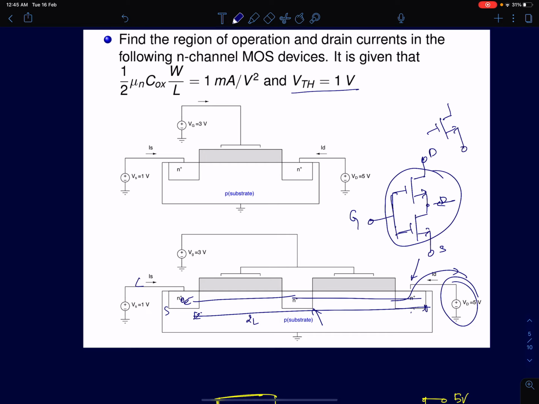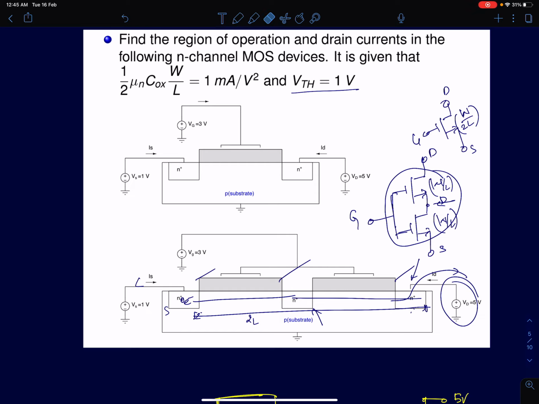The width is the same, determined in the third dimension, but the length is now 2L. So I can treat this as a device of the same width but length 2L, with gate, drain and source. Here the W by L ratio is W by L, and here it's also W by L.